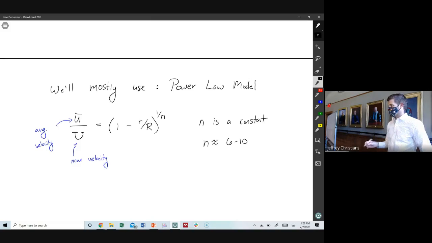It changes depending on, well, let's look at the data. So this is the model that we'll most often use to make predictions, at least in this class.